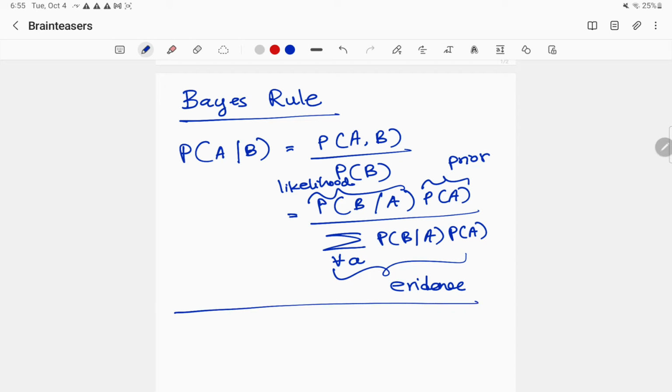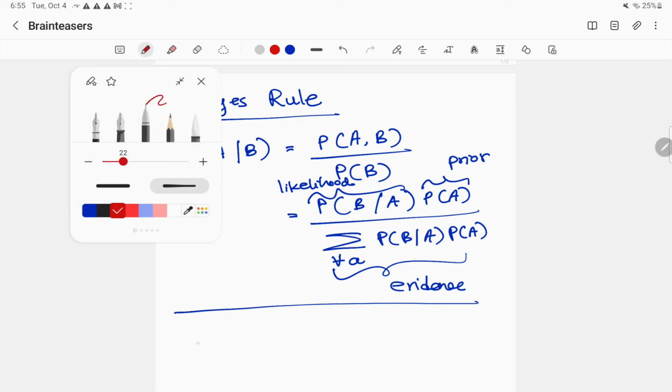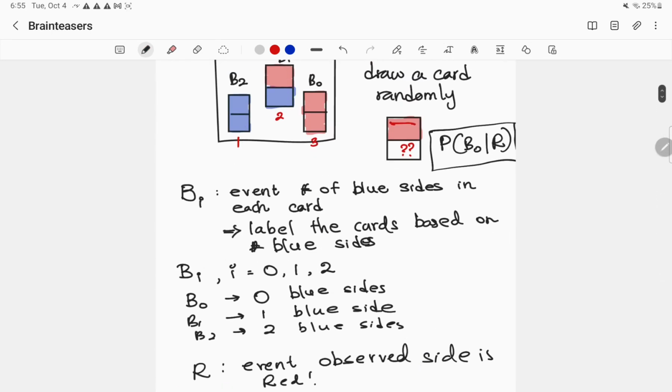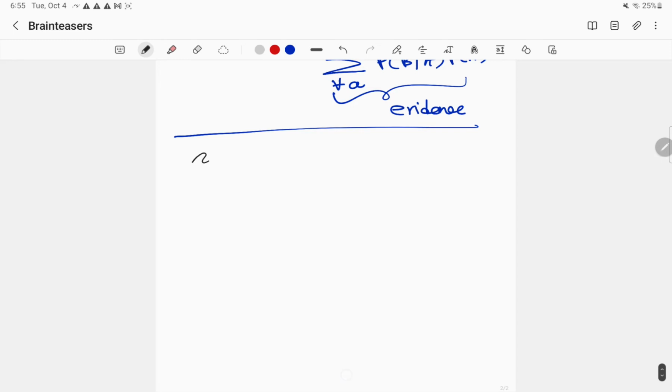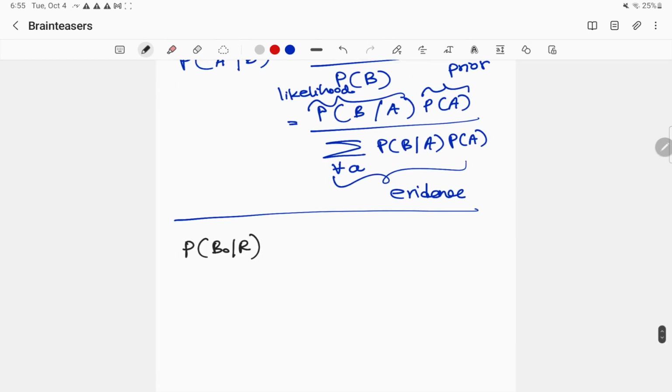So now let's go to our problem. What we want to find is this one, probability of B naught given R. So let's write it using the Bayes rule. It means, let's go to the definition.